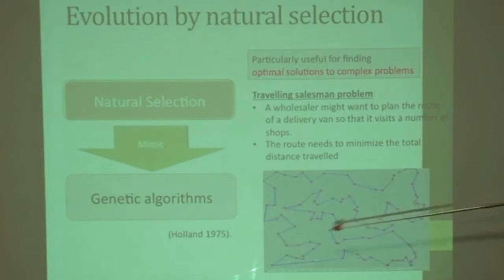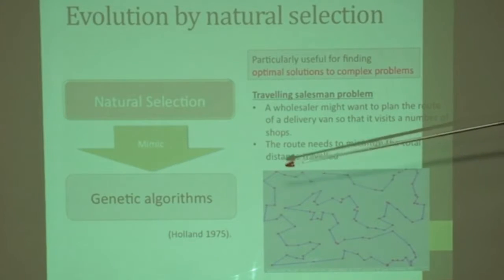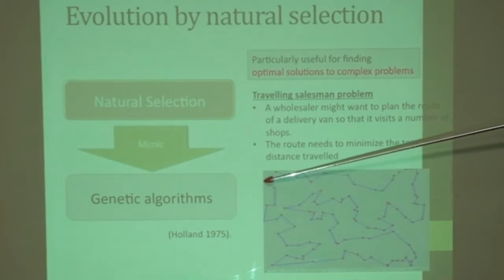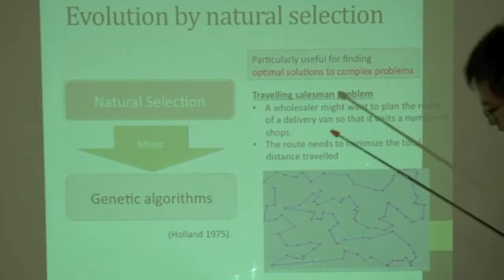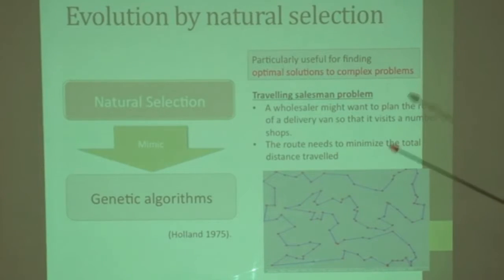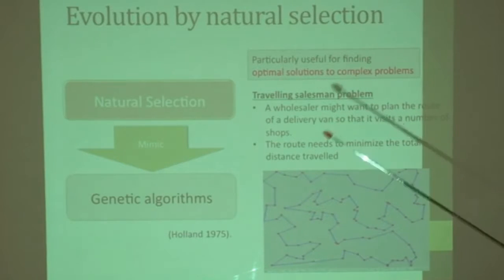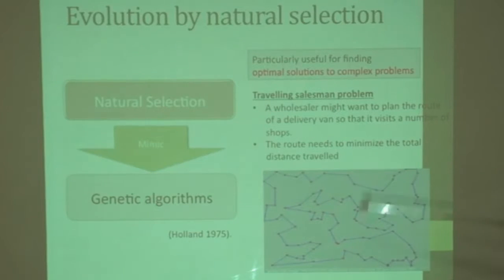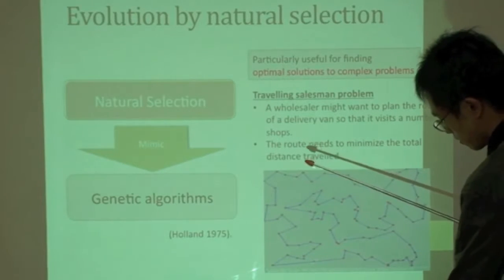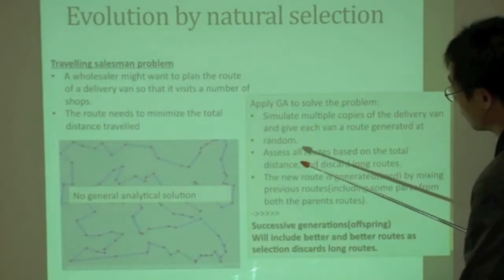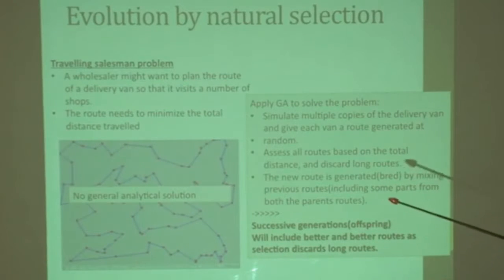In this picture, the red points are the shops, and the blue line is the route. Our objective is to minimize the distance of the whole route. So in this kind of problem, we use a genetic algorithm to solve it.